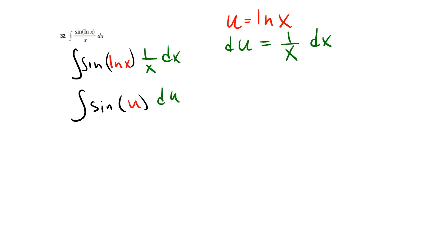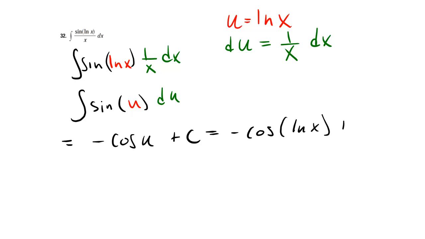And you know how to do that antiderivative. Negative cosine of u plus a constant. Let's stick the x back in there for u, and we get negative cosine of natural log of x plus a constant. And you're done. So really we're trying to undo the chain rule.